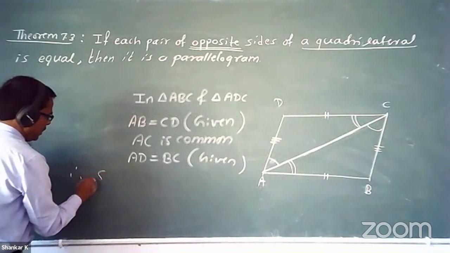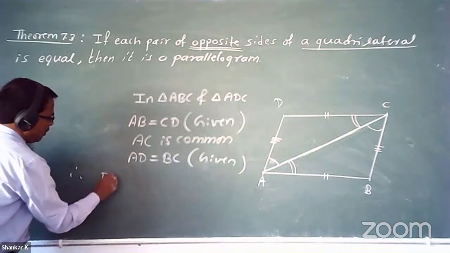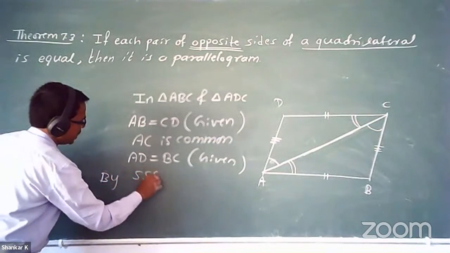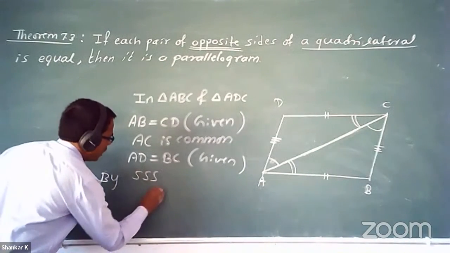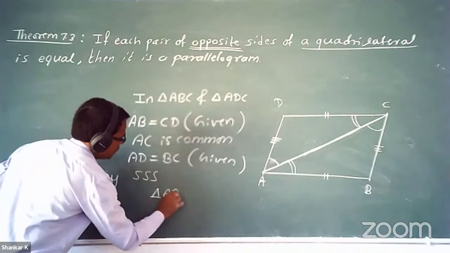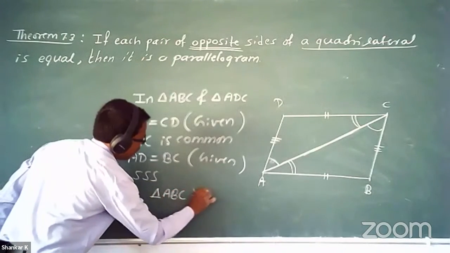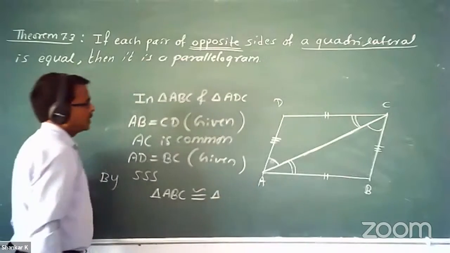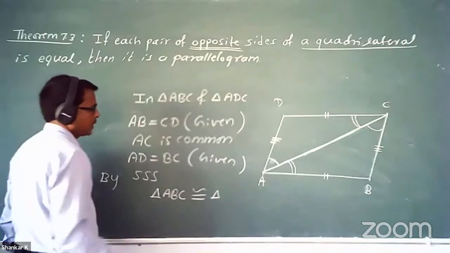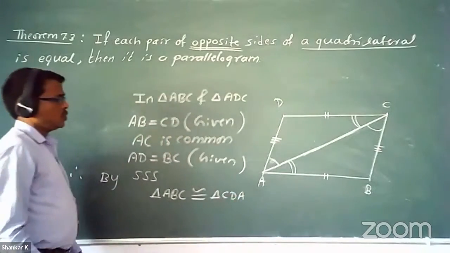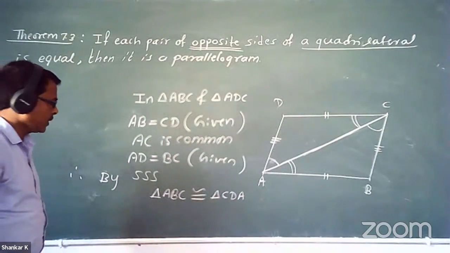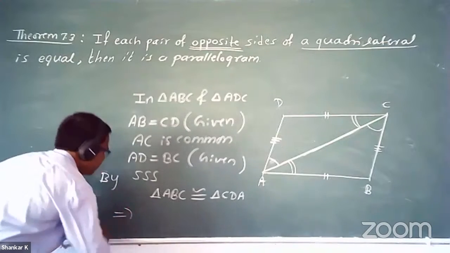Therefore, by the side-side-side congruence rule, both the triangles are congruent. Triangle ABC is congruent to triangle CDA. If these two triangles are congruent, their corresponding elements are equal.